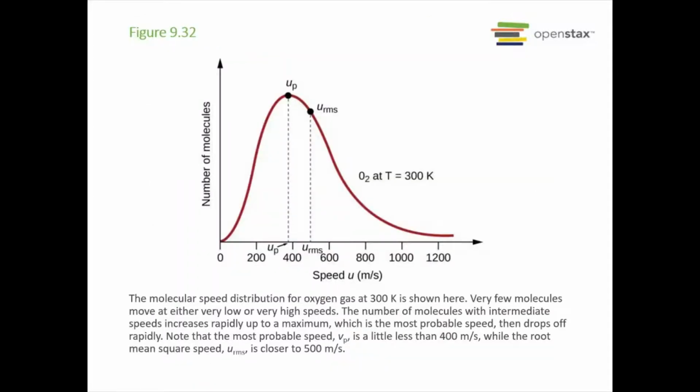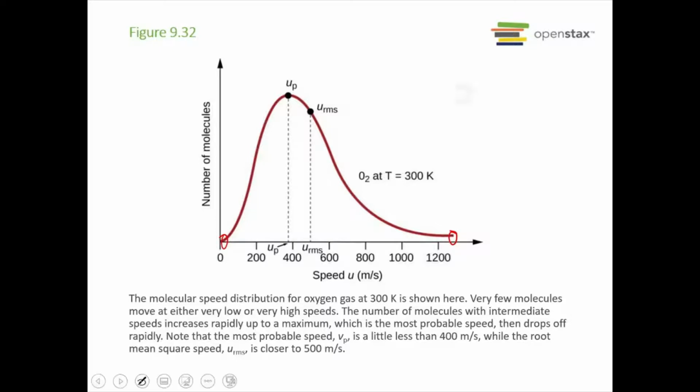So this is just to give you an idea of the Boltzmann distribution and what these different u's are. For instance, this is oxygen gas at 300 Kelvin, and we see there's all these different speeds, and so there's all these different particles that have these different speeds. Towards the tails of the distribution, there's a low number of molecules that have these speeds.